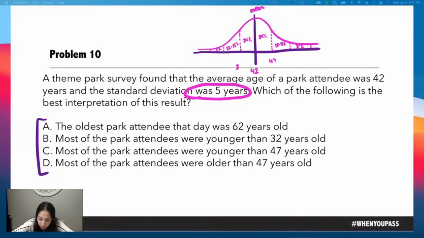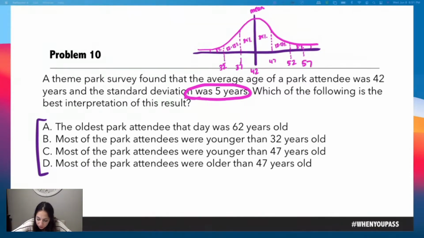And I'm going to keep adding 5 and subtracting 5 to find each of those standard deviations. 57 and 27.